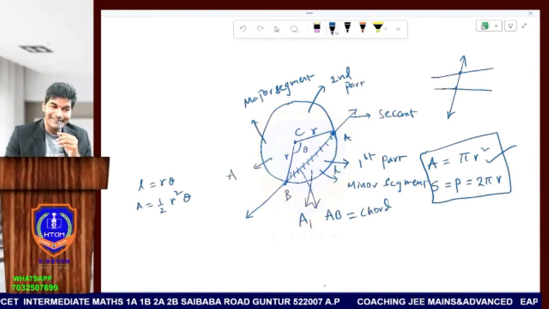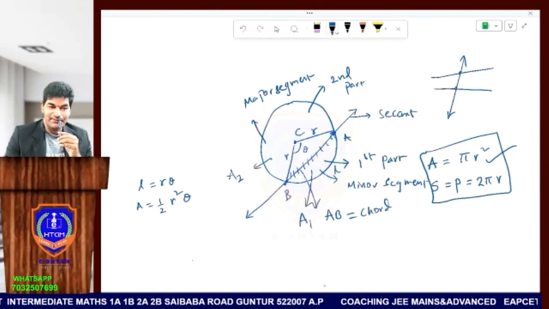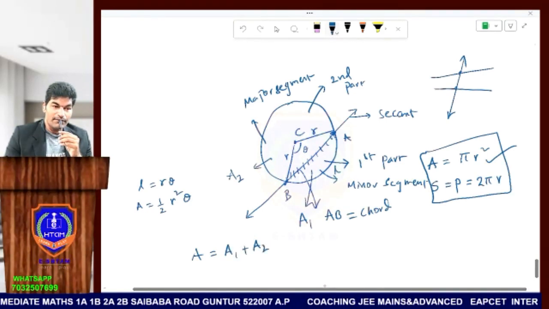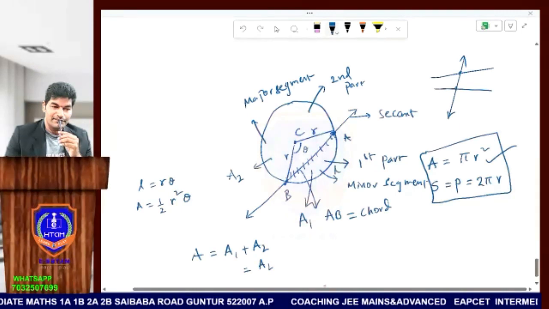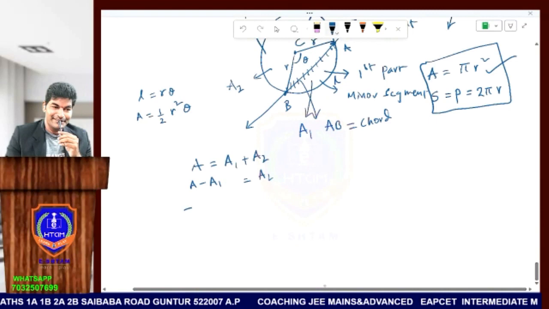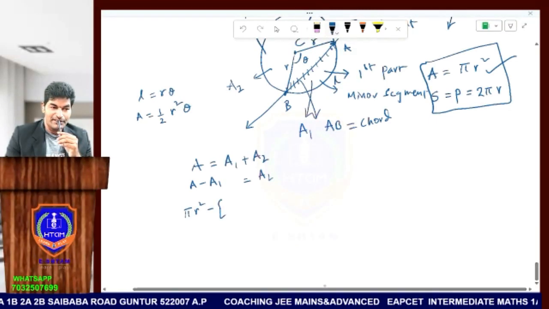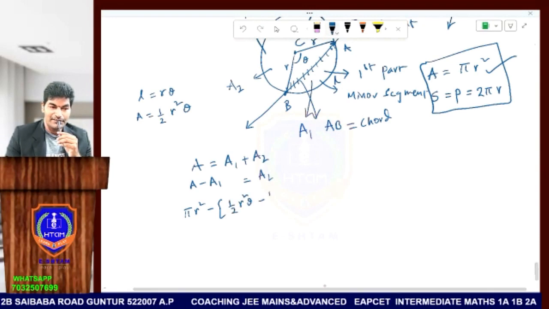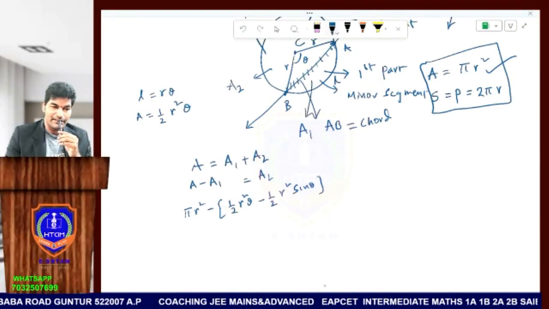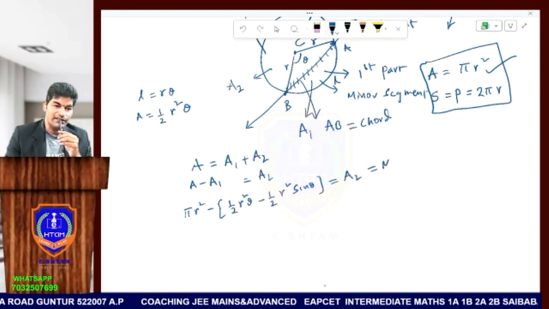The entire area A equals A1 plus A2. Now I want A2, so A2 equals A minus A1. A is pi r square, and A1, the minor segment area, is half r square theta minus half r square sine theta. That is the major segment area. Got it? Understood?